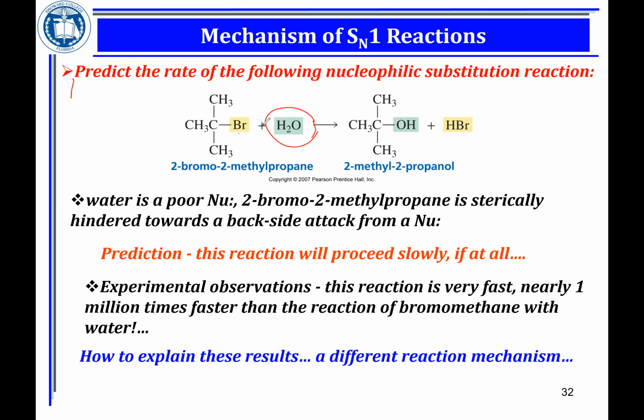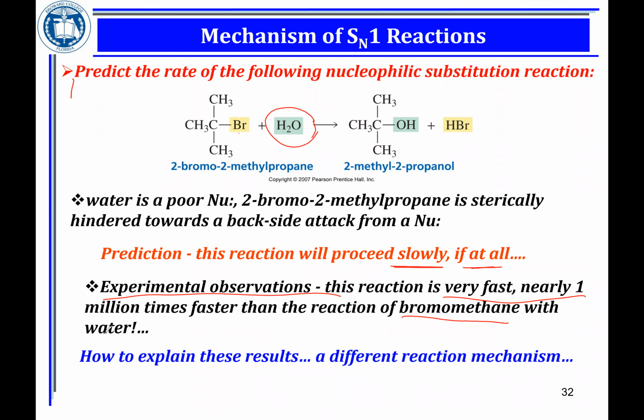So based on those conditions, when you have a tertiary alkyl halide and a weak nucleophile, the reaction could be slow or it doesn't take place. But experimental observation shows that this reaction is actually a fast reaction, and it takes place much faster than the bromomethane with water.